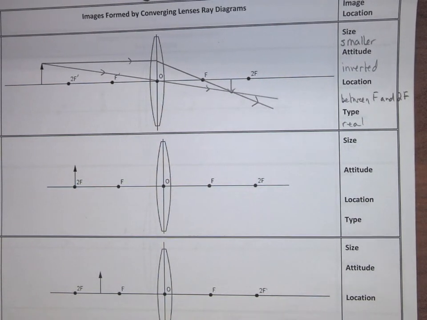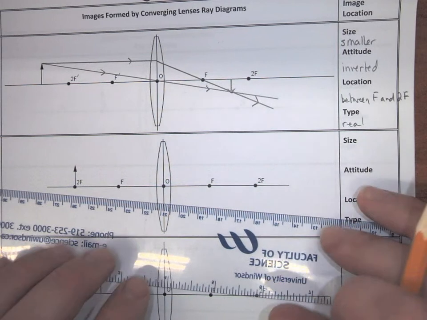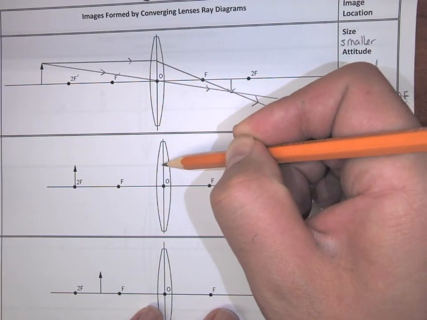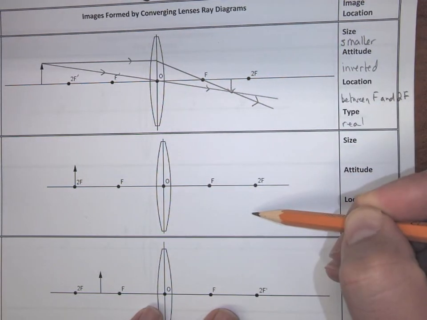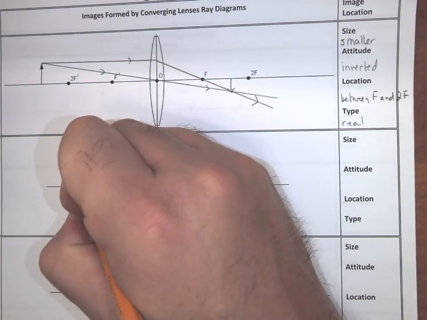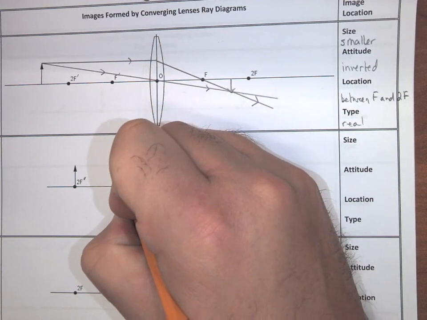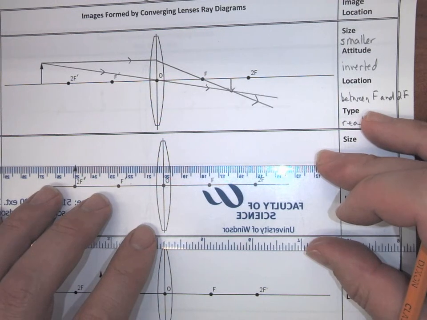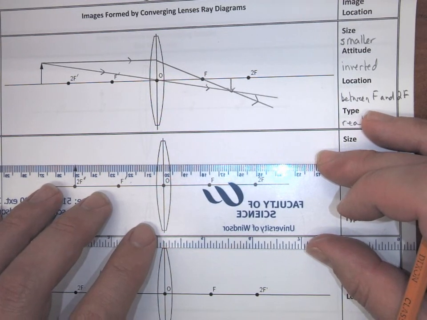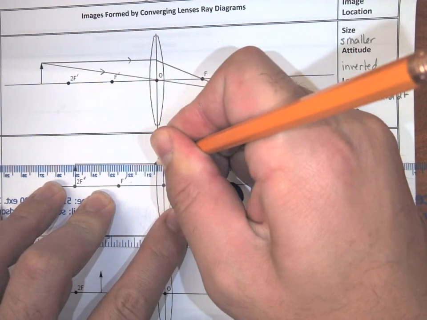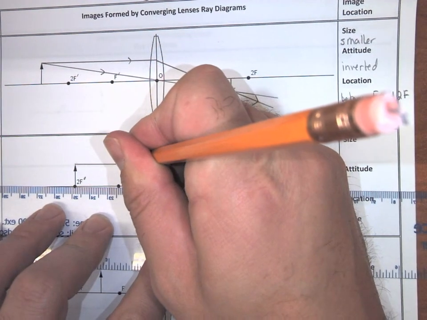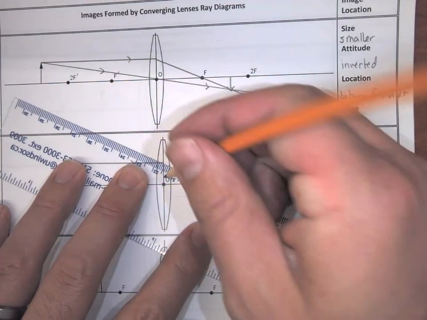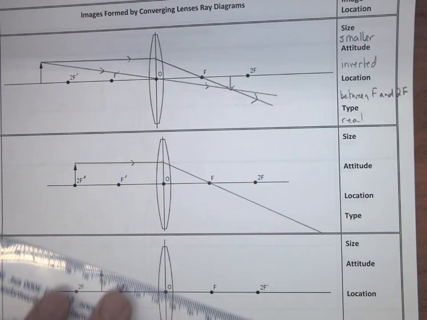For case 2, our object is going to be on 2F. Once again, remember, our parallel ray will always refract through the principal focus. That makes these F prime our secondary principal focus. Ray number 1, parallel to the principal axis, hitting the vertical axis and refracting through the focal point.